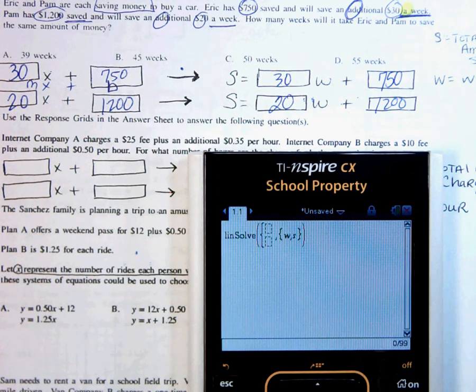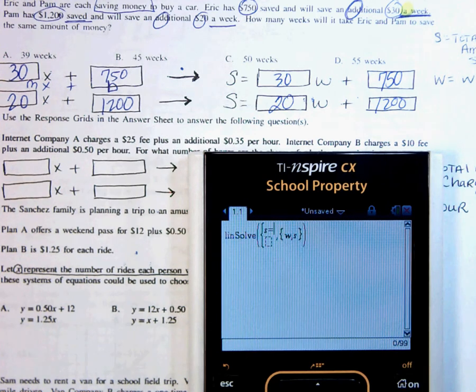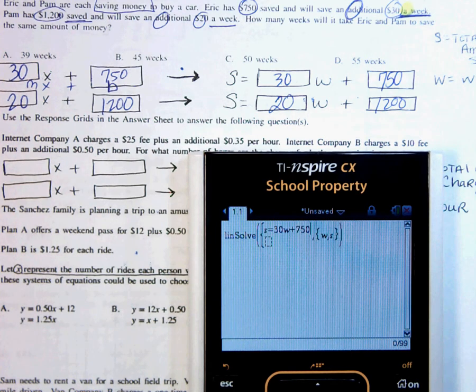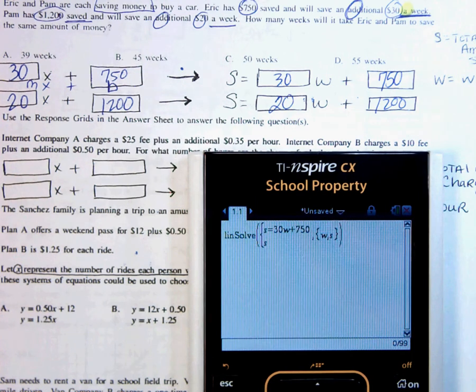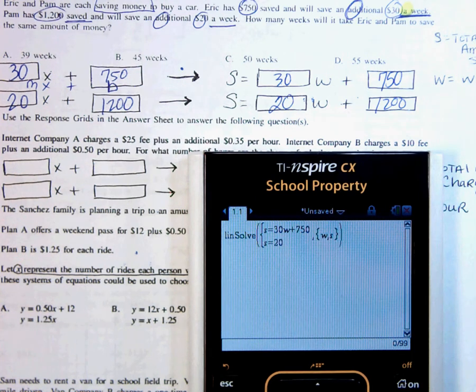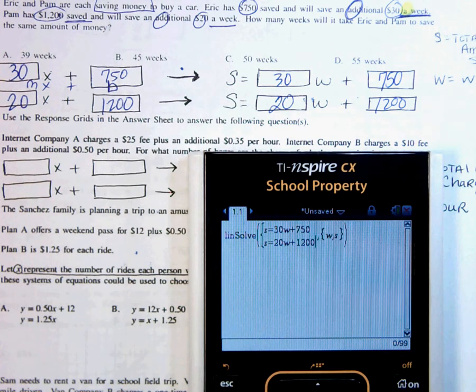Now you get this command, and this is what you want to see. We type in the equations with the equal signs using the new letters. 30 W plus 750. S equals 20 W plus 1200. Enter.